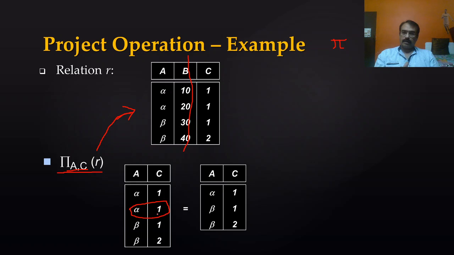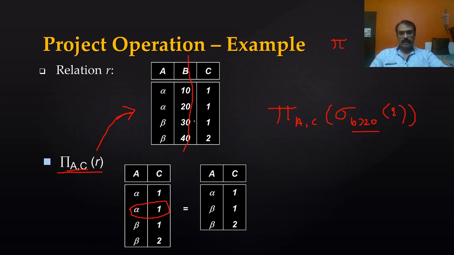Remember, the project and select operations can be used together. In the sense, I can write A comma C, and in brackets, let us say, wherever B is greater than 20, from R. Now what will happen here? First, this relation R will be taken into consideration and this predicate will be applied.